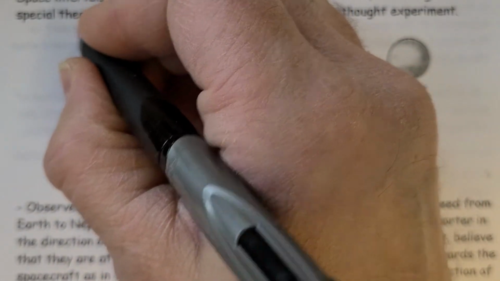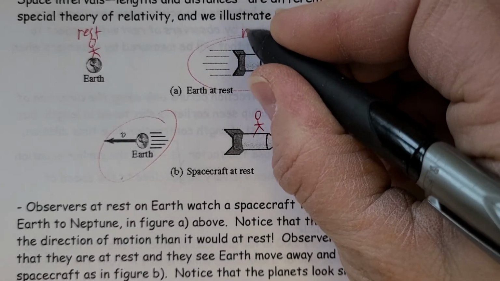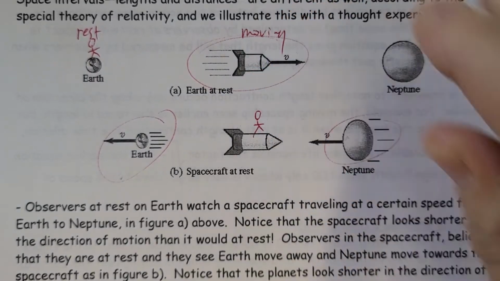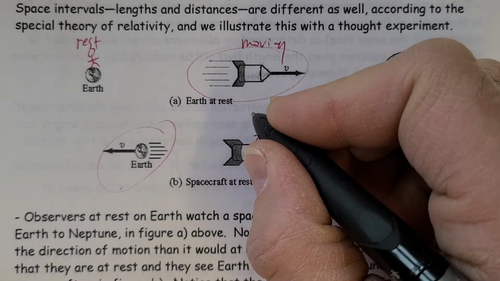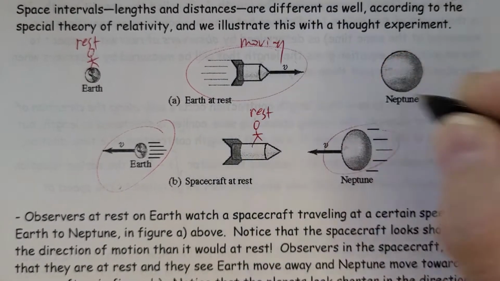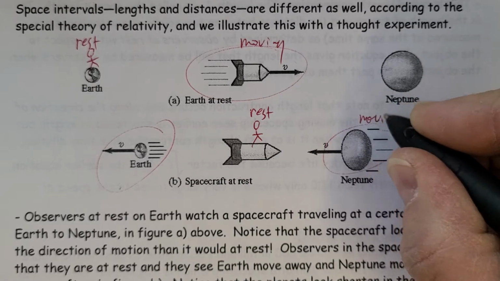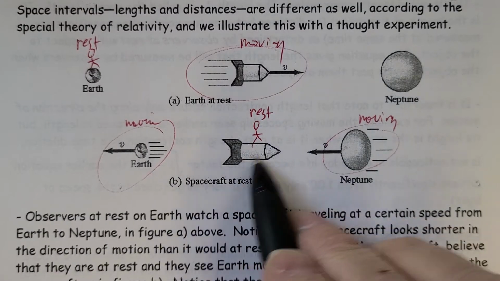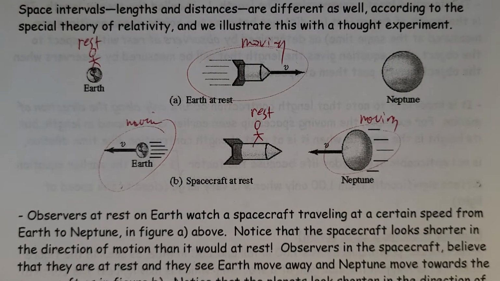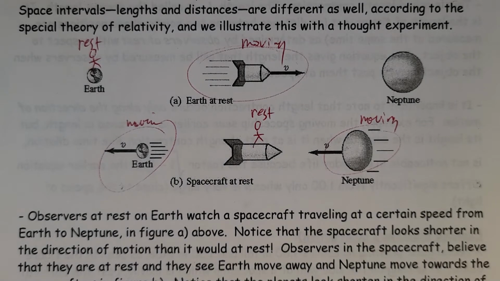We could say this is at rest and this is moving and apply an equation for that. Or we could as easily say, what if this is at rest and this is moving? So if we're looking at just that part and not involving the ship decelerating or accelerating, think of it as being at rest, then of course this is moving.